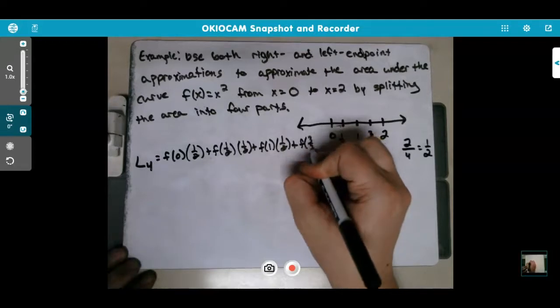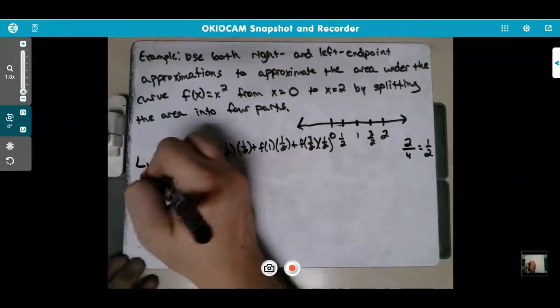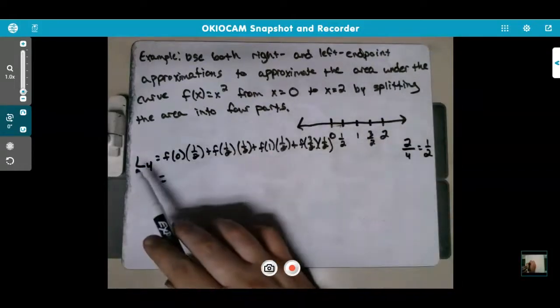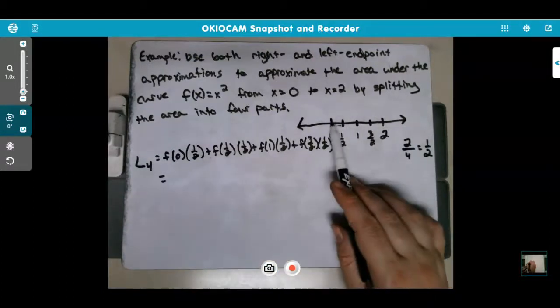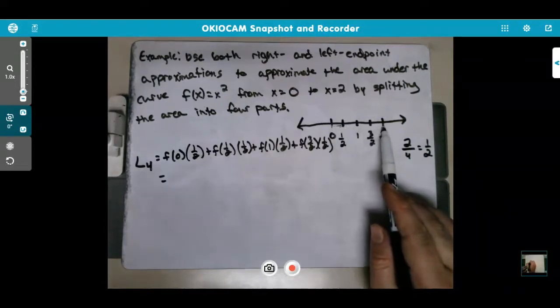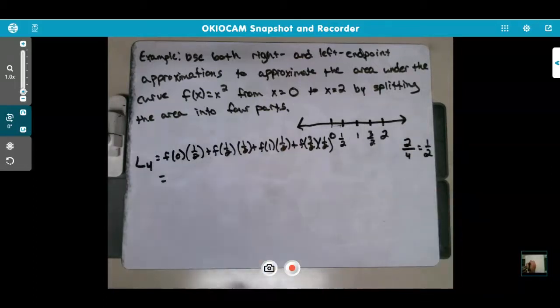So f of 3/2 times my width, which is 1/2. So now I just have to find what all of those are. Since I'm using the left side for each of the 4 pieces, I'm using the left-hand points: 0, 1/2, 1, and 3/2. I don't use 2 because 2 is on the right side.